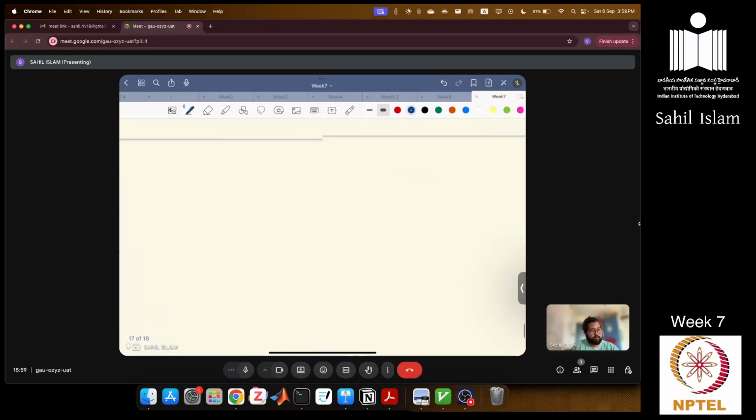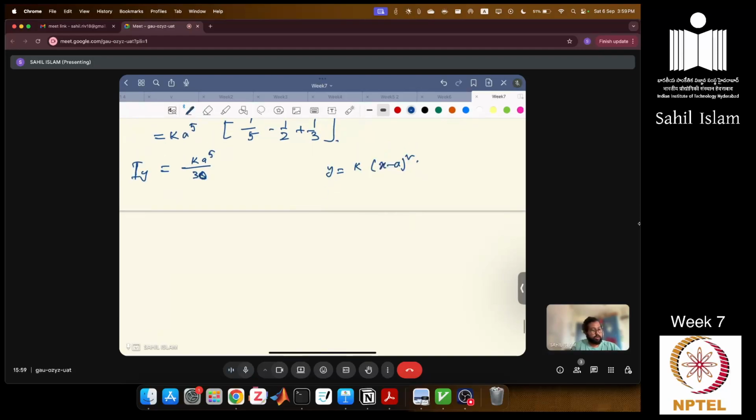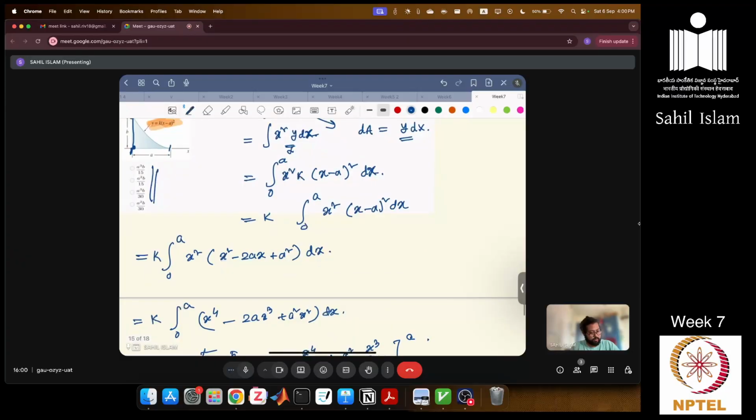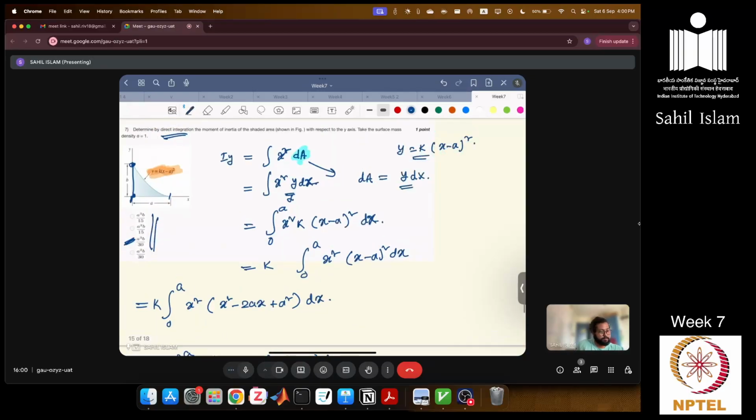So putting it in, b equals k a square, so k equals b by a square. So Iy becomes b by a square times a to the power 5 by 30, which is b a cube by 30. So the answer is b a cube by 30. This is the correct answer.